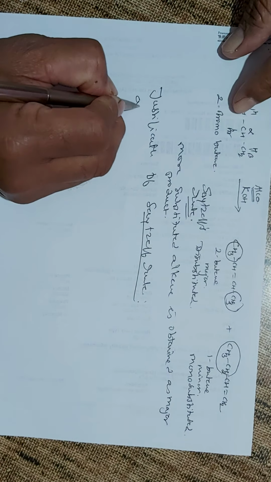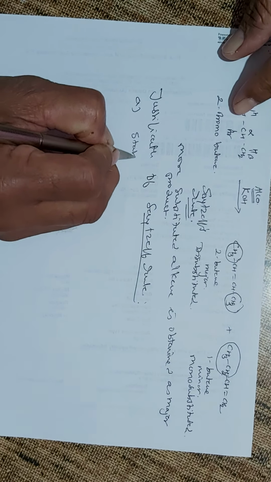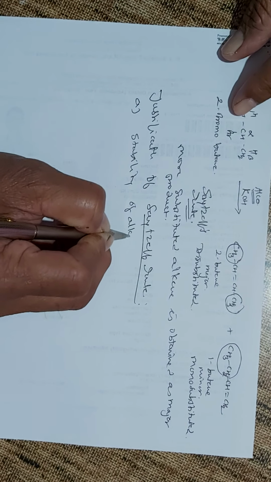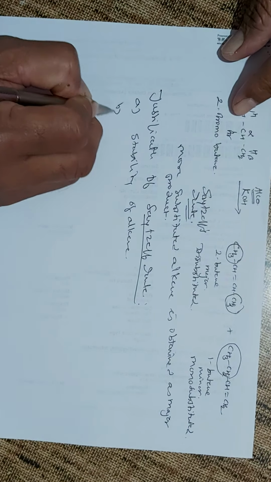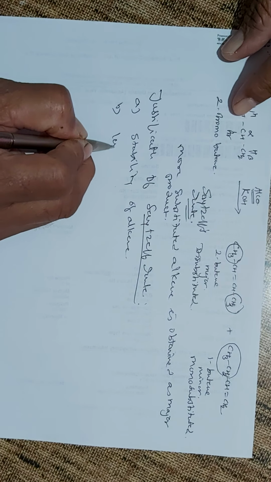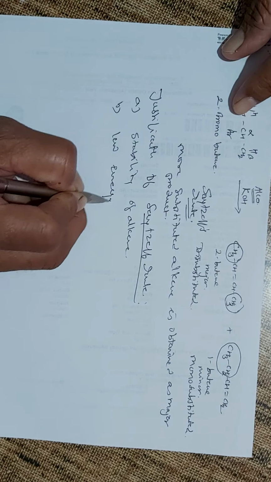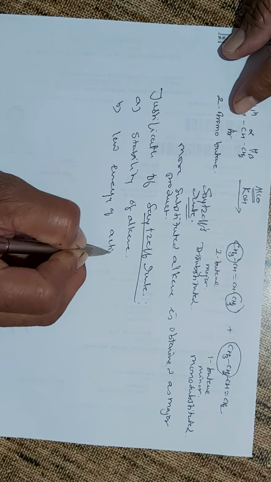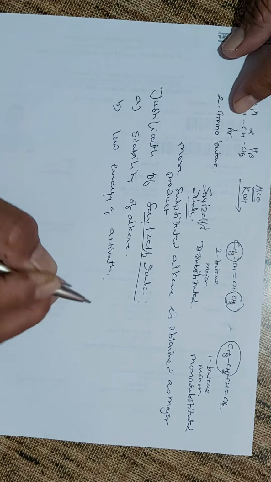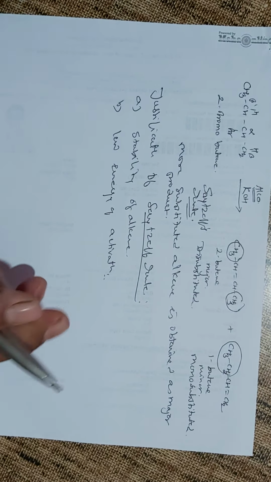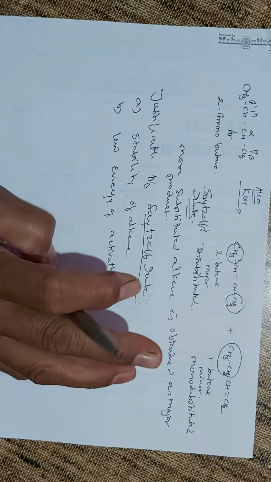Here are the two points that we are supposed to consider: the stability of the alkene, and the second point which will explain or justify our answer, the need of low energy of activation. So we will discuss these justifications in the next lecture. Thank you very much.